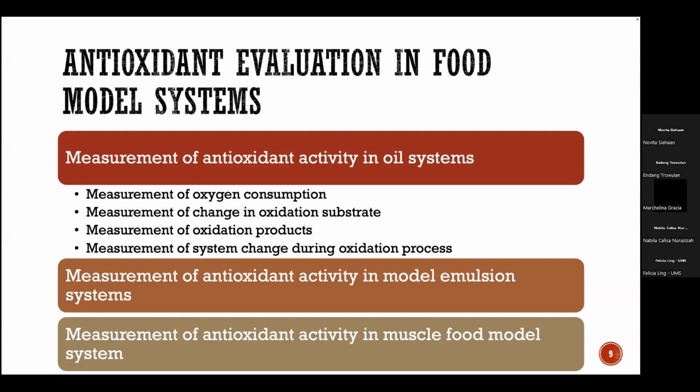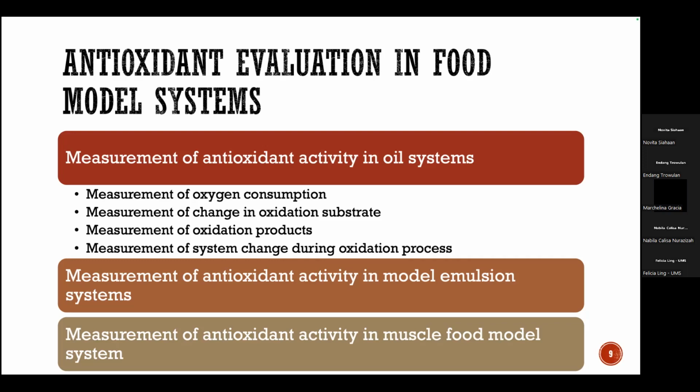We eat keropok, and we can find the antioxidant activity in oil systems by using oxygen consumption. Okay, by finding out the oxygen consumption, and then calculating the change in oxidation substrates. Also, you may measure the oxidation products as well as the system change during the oxidation process.